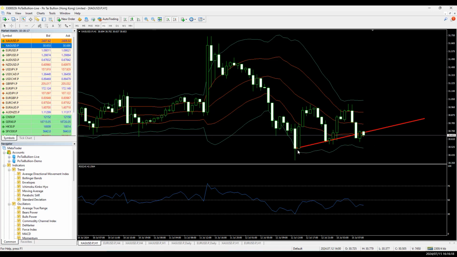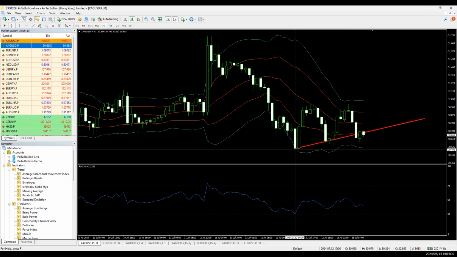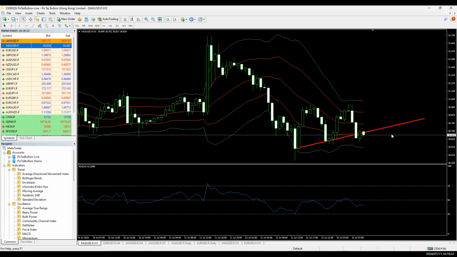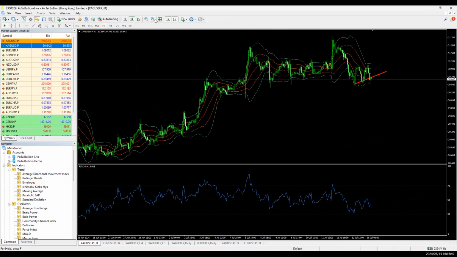But you see, the lows are becoming higher and higher. So overall, the direction seems to be more trending, more bullish, okay? Now, when the prices are like this, in between the 1.0 deviation, same thing, I would just recommend to trade in between the bands.